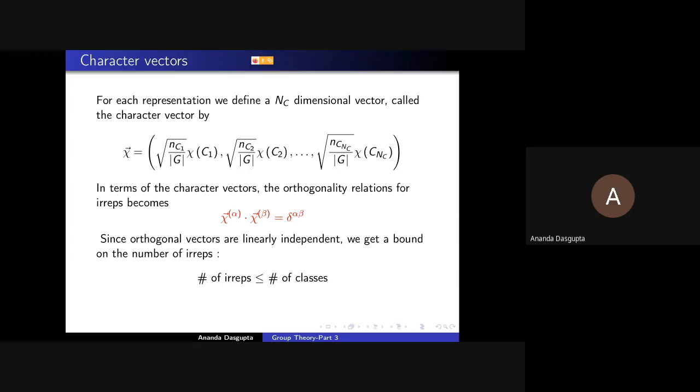That can be proven. The proof is slightly lengthy, so I'm just omitting it. That really means that not only are the irreps independent, they also span the space of these class vectors, and that means the number of irreps is exactly equal to the number of classes. So S3 has exactly 3 irreps, or to be more precise, 3 inequivalent irreps.